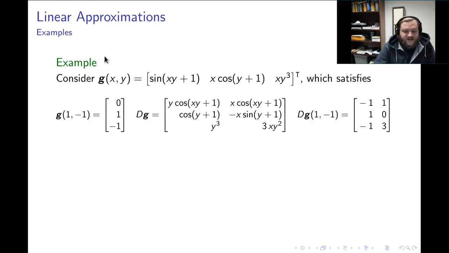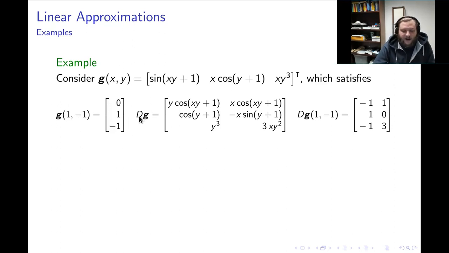Here's another example. This is a function g of two variables, which has three outputs. The original input I'm going to use here is x equals 1, y equals negative 1. When I plug x equals 1, y equals negative 1 into this function, I produce the coordinates 0, 1, negative 1. So that's the original output of my function if 1, negative 1 is my input.